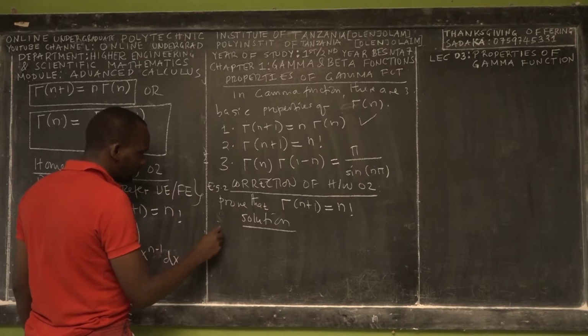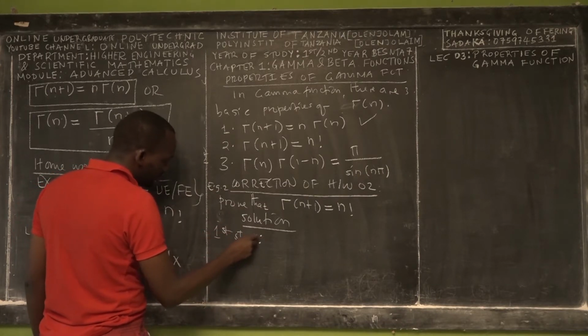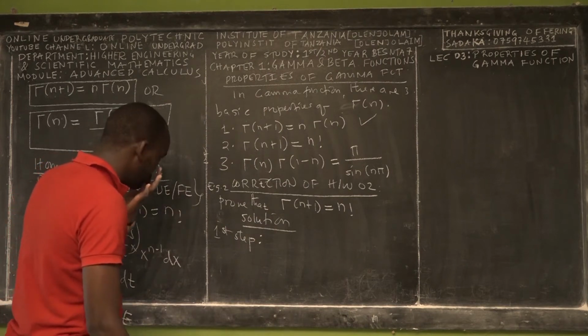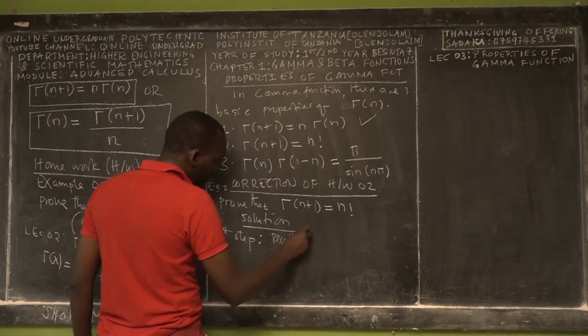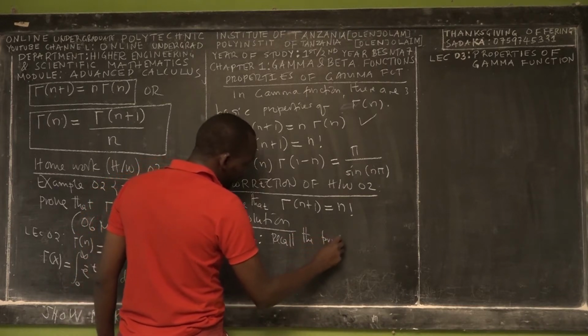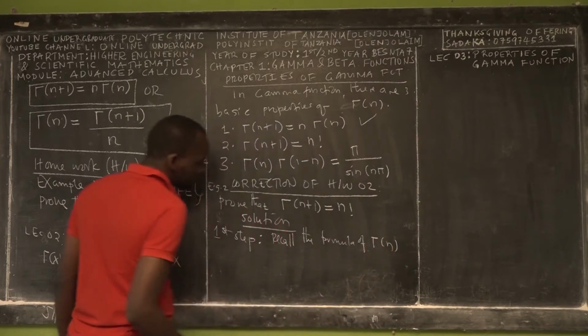You're going to follow a number of steps. The first step, we say that you have to recall the general formula of the gamma function.